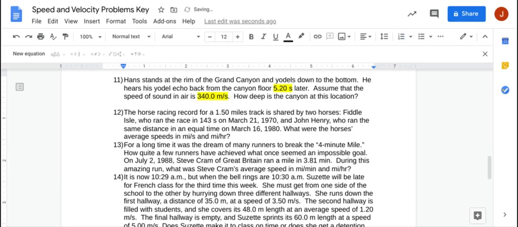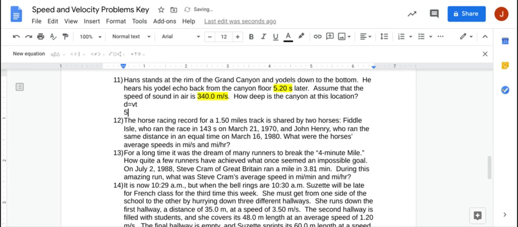Deep is going to be distance. So D equals velocity times time. So we have our velocity, but our time is wrong. You cannot use 5.20 seconds because this is down and back.